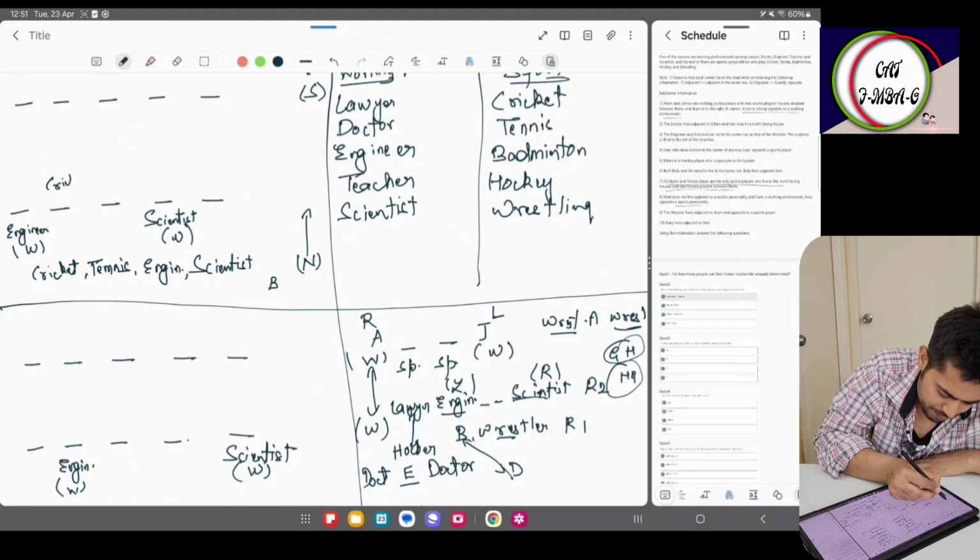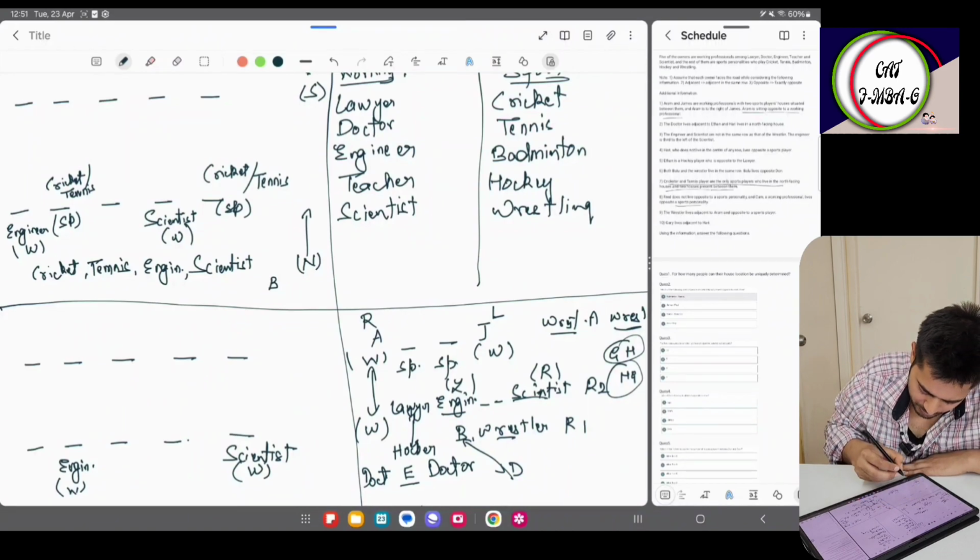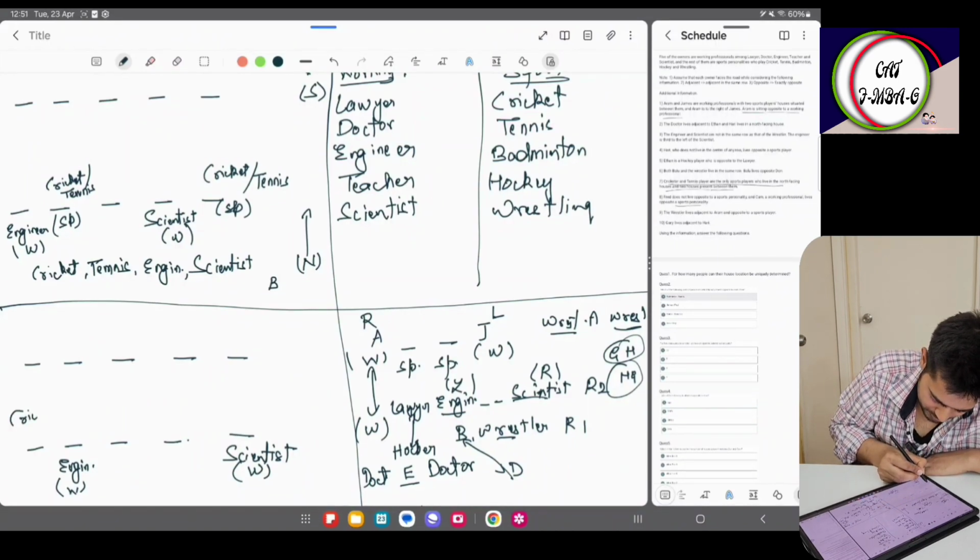So it can be cricket or tennis, sports. So it can be cricket or tennis, and this is sports. Perfect. Also, in this case, it can be cricket or tennis. This is sports.